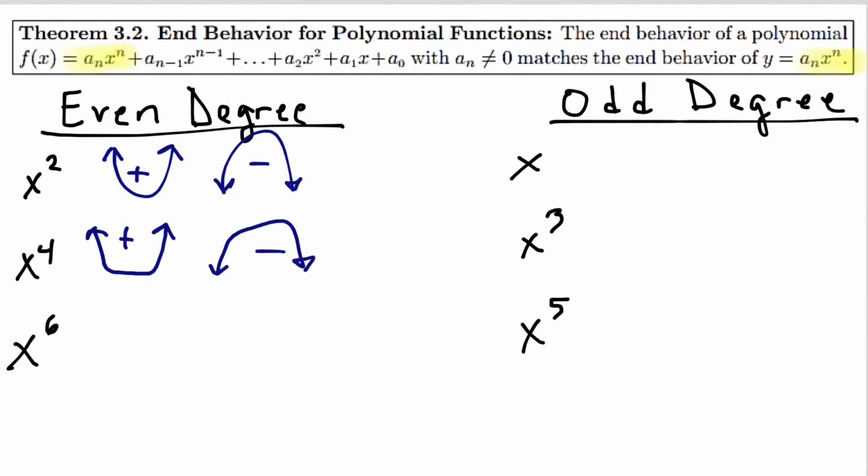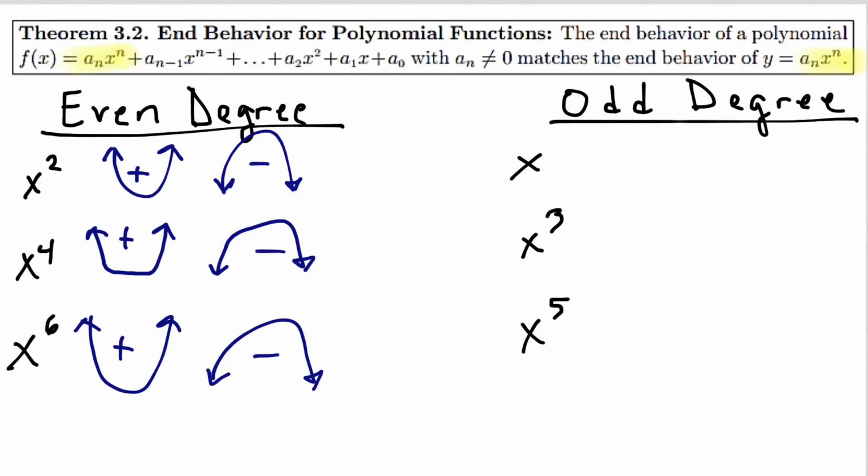And it's the same thing for any even degree function. The higher the degree of the term, the more likelihood that the middle terms are going to cause some bumps and wiggles and flattening out perhaps in the middle, but your ends will have that either up, up or down, down behavior depending on the sign of the leading coefficient.